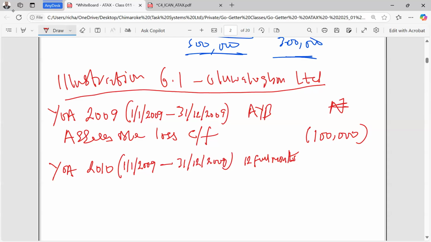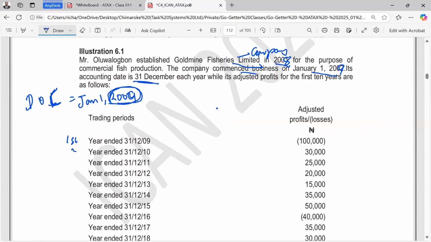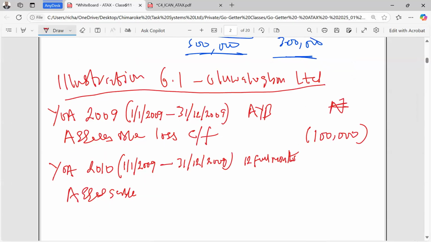And now we will say accessible loss, when we check 2009, is still this 100,000 again. Accessible loss is 100,000, right?